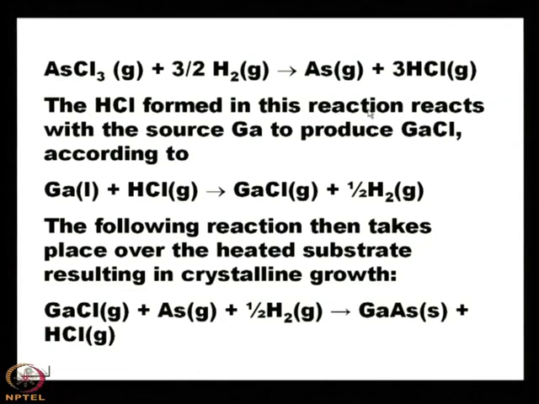Then the HCl formed in this reaction reacts with the source gallium to produce GaCl according to this reaction. Ga, what is this? This is L, liquid. So, gallium liquid plus HCl gas, you will get gallium chloride, it is a gas, plus H2, it is also gas.